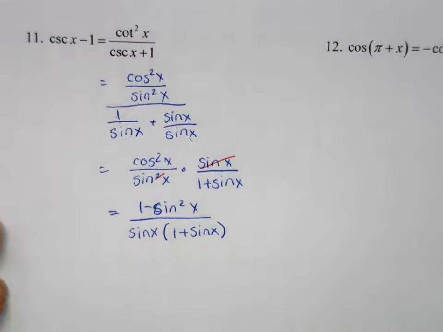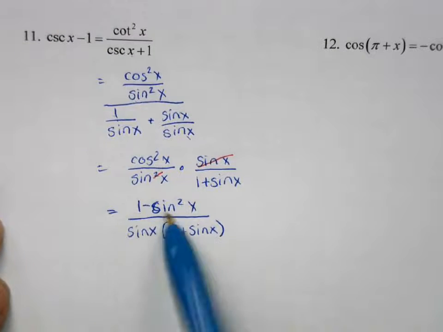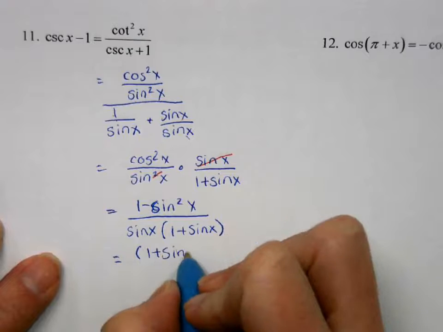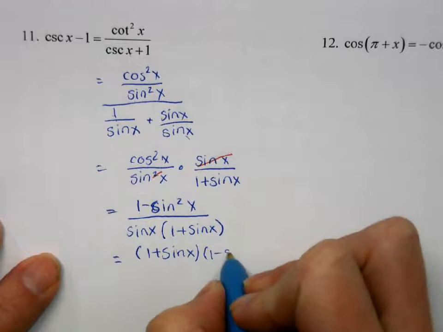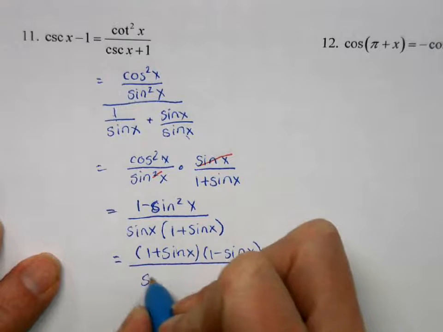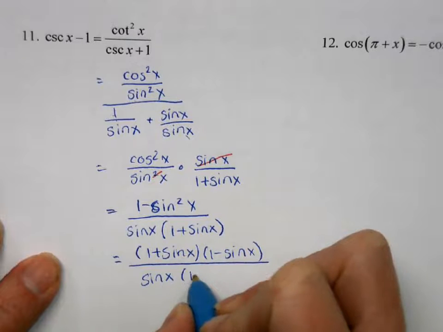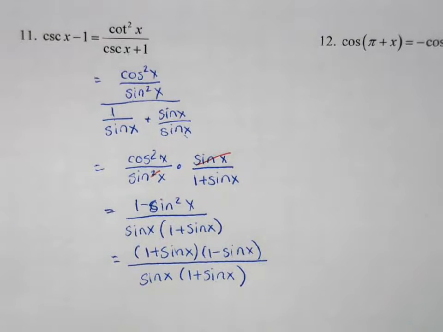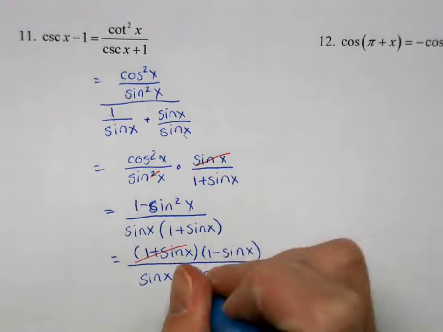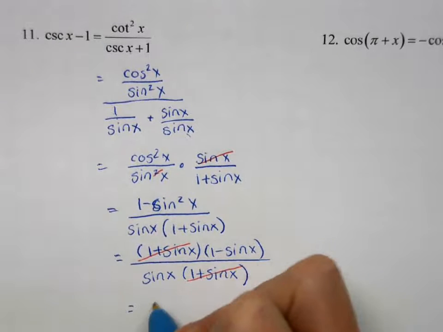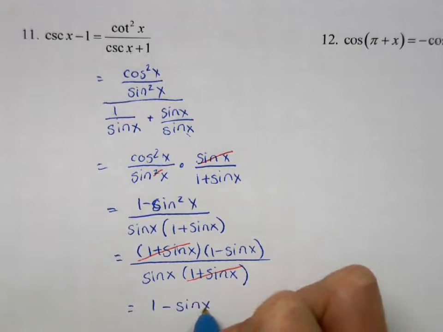This is the difference of two perfect squares. So that's going to be 1 plus sine of x times 1 minus sine of x. Okay, the 1 plus sine of x will cancel. So that leaves me with 1 minus sine of x over sine of x.